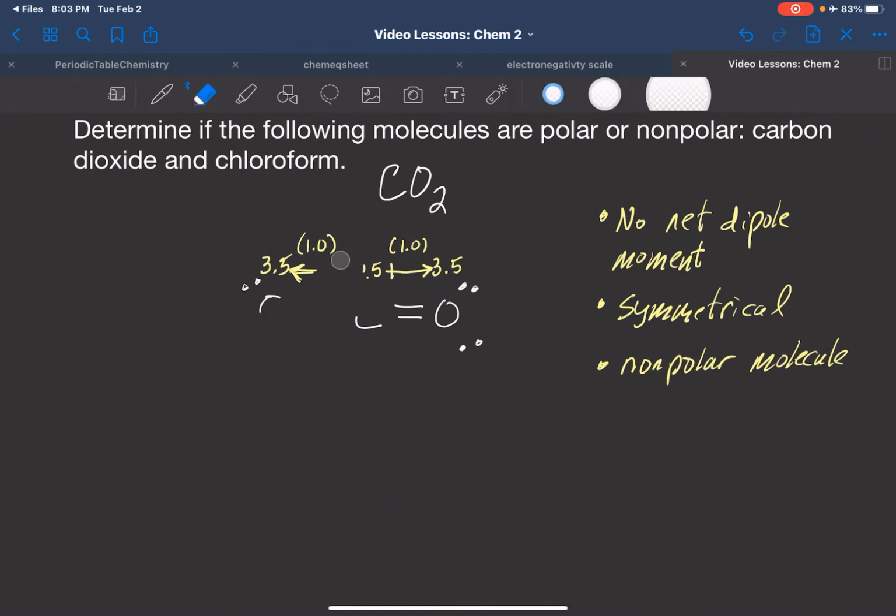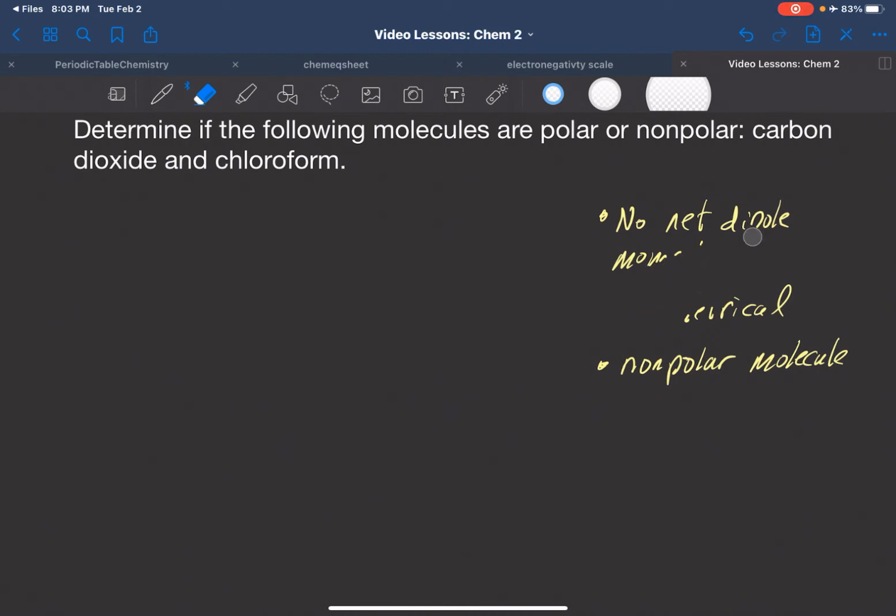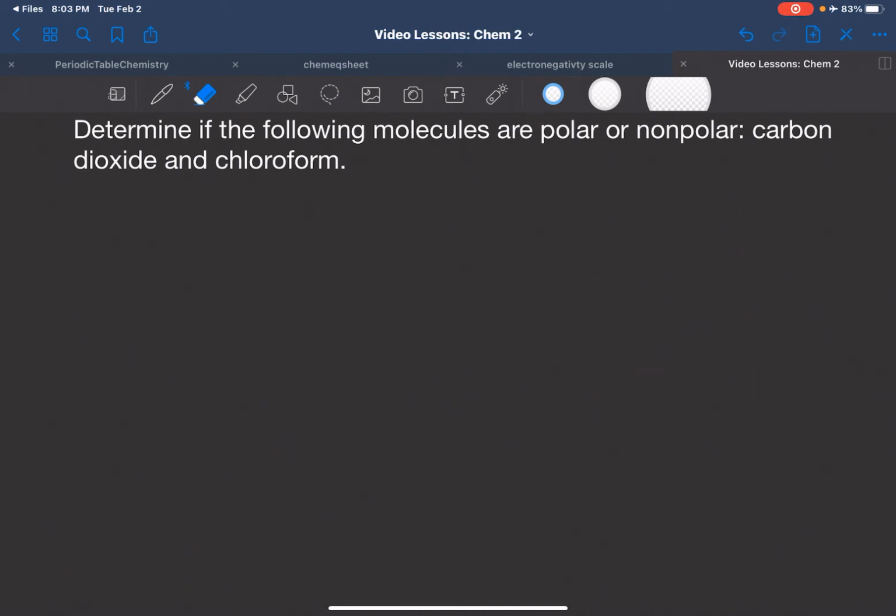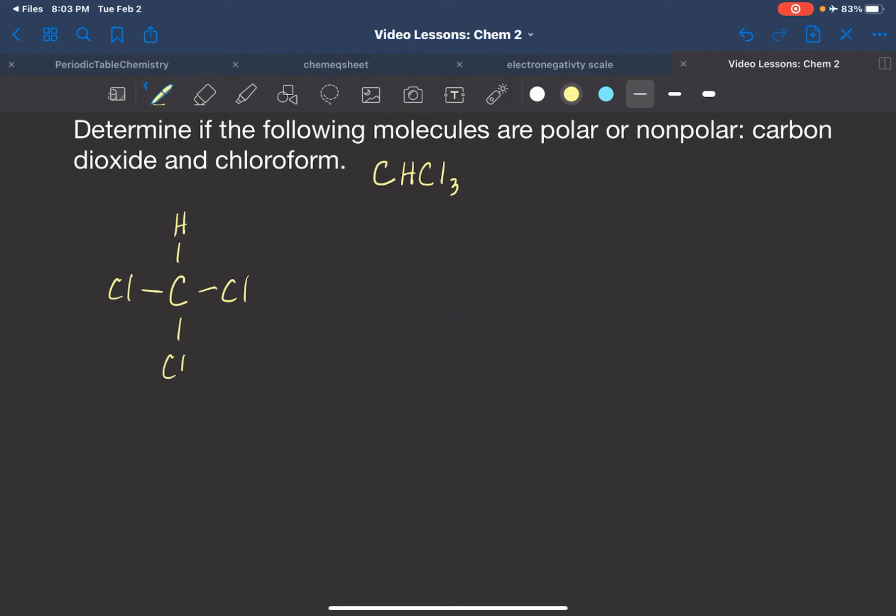So now let's take a look at our chloroform. All right, let me get that out of the way for you. So chloroform, CHCl3. All right, if we were to draw a structure for this, carbon at the center, we have hydrogen, and then there's chlorine, chlorine, chlorine.